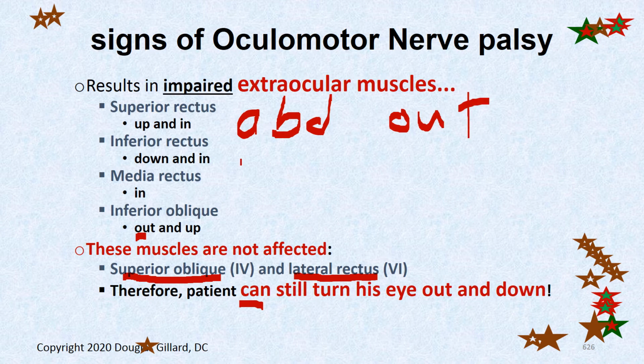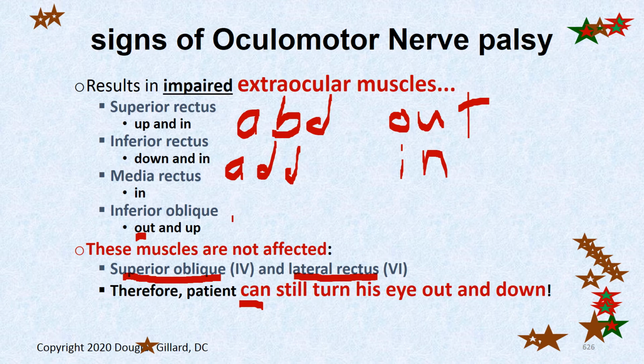I always think where are your adductors? They're on the inside. They squeeze together. Adduction is to turn the eye nasally inward toward the nose. So that's superior rectus adducts. Inferior rectus also adducts. Medial rectus purely adducts.